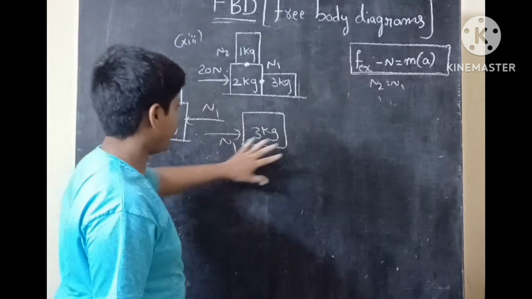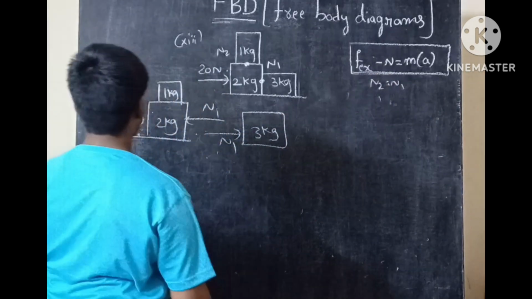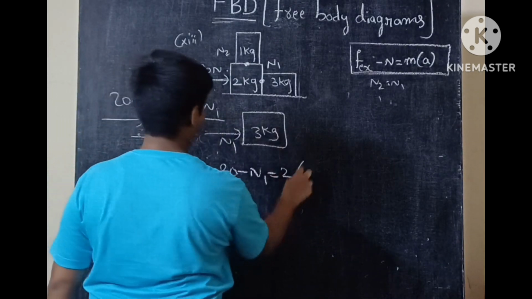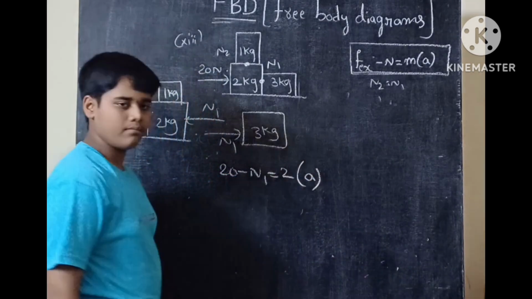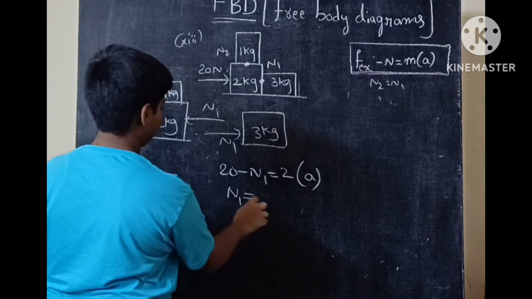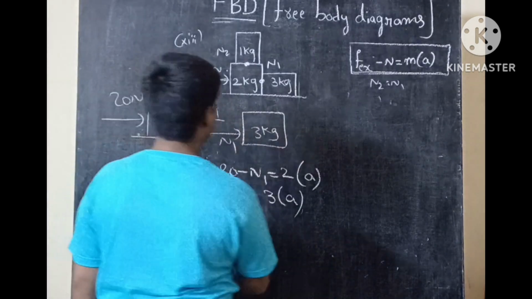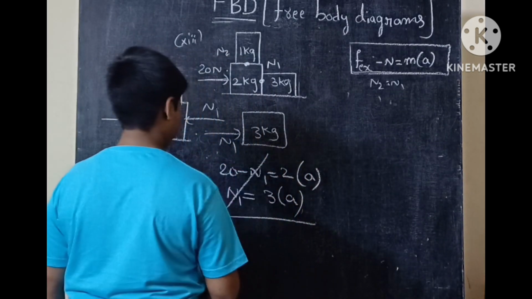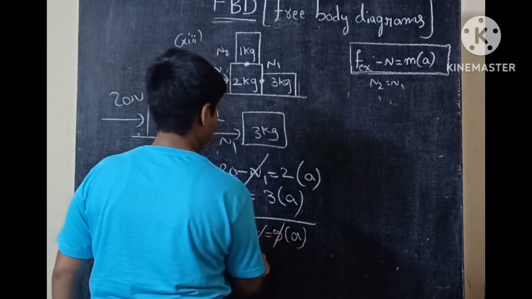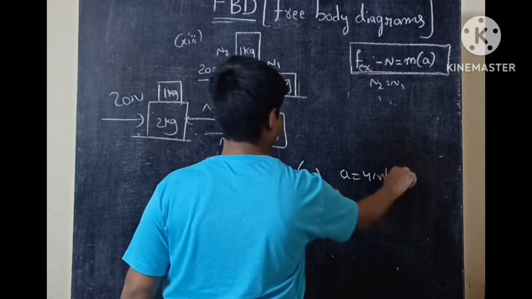So for writing FBD equations, we have to follow this formula. So 20 minus N1 is equal to 2 of A, and N1 is equal to 3 of A. Adding, 20 is equal to 5 of A, so A is equal to 4 meter per second square.